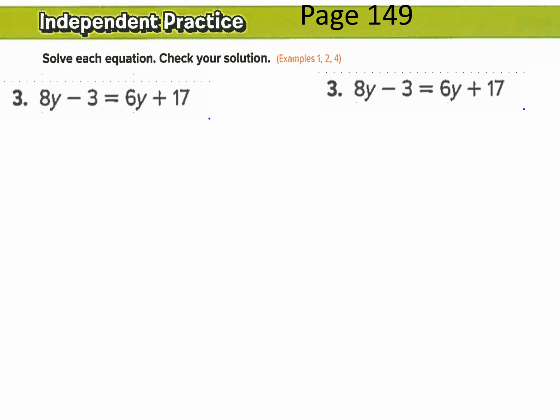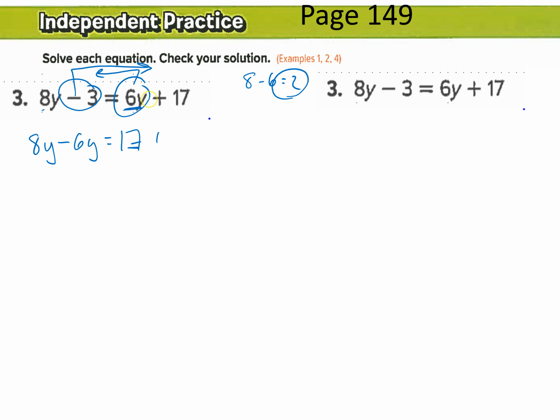The next problem. Now we have to move two things. So I'm going to move this 6y over here because I know in my mind that 8 minus 6 is 2. I'm going to have a positive number. You can do it either way; I like doing it this way. So this moves over here and becomes a negative 6y. So 8y minus 6y. And this negative 3, when it comes over here, is going to become a plus 3.